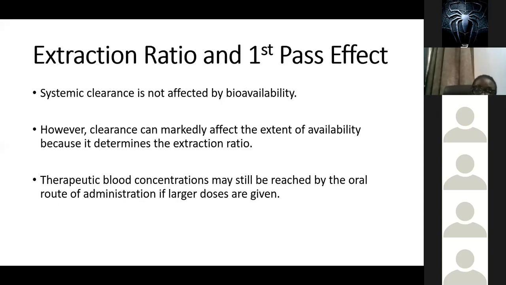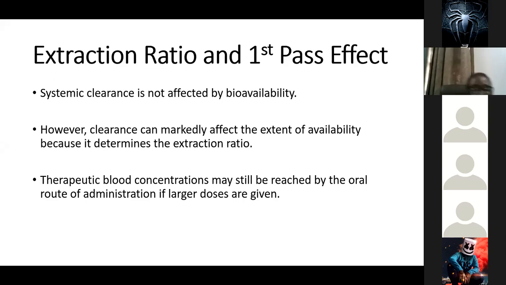So, extraction ratio and first pass effect. What extraction ratio means is the amount of the medication that is taken up from the portal venous circulation by the liver before it is made available to the systemic circulation.